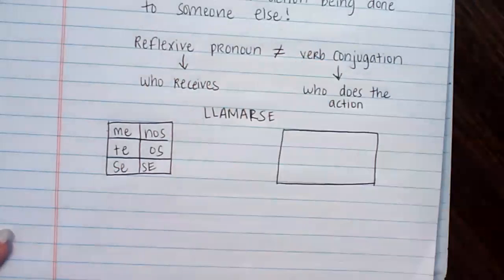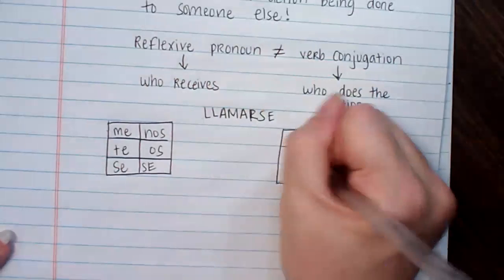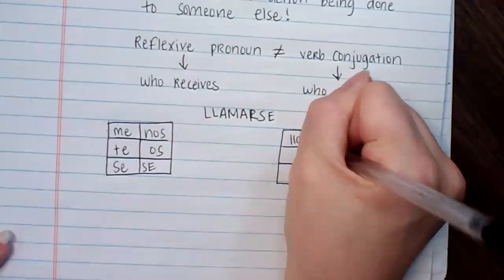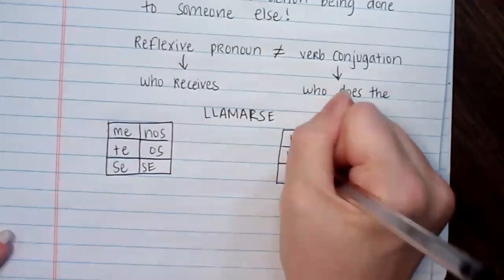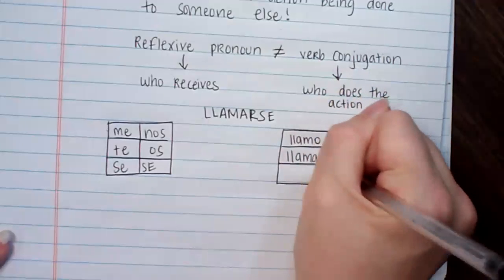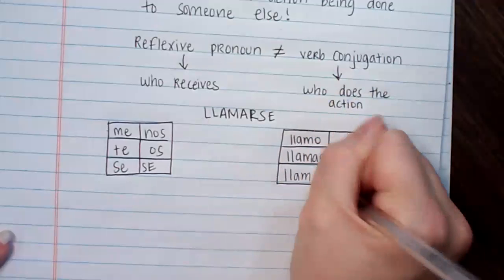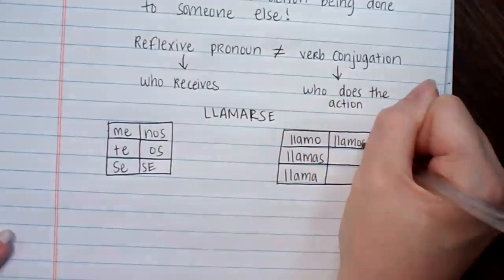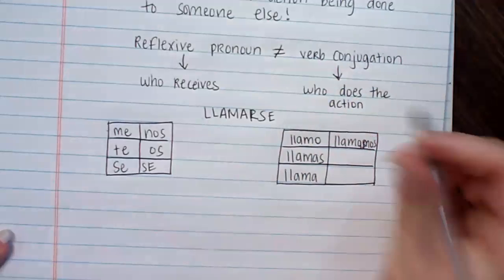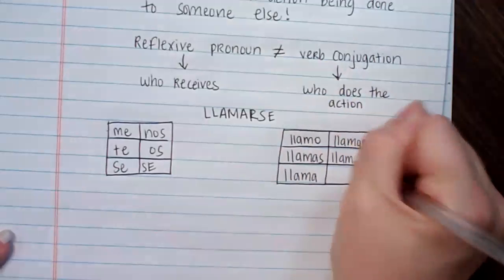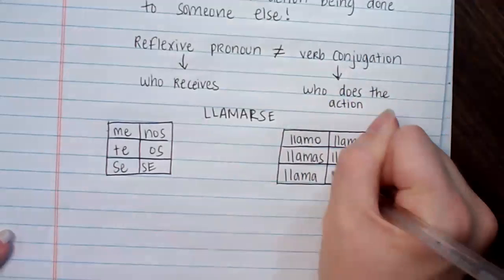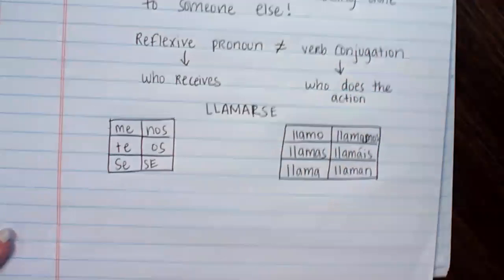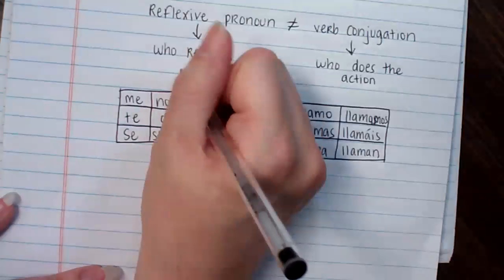I think it illustrates it beautifully. So if we conjugate llamar into the present tense, has to be one of these forms. Llamamos. Messed up a little bit. Llamáis. Llaman. Okay. So remember, who receives?